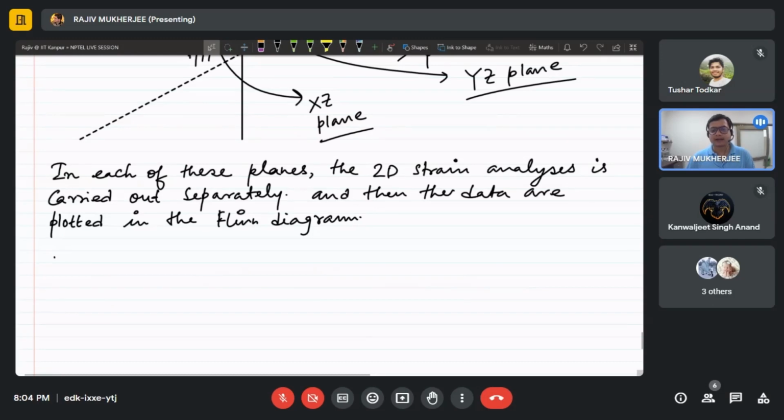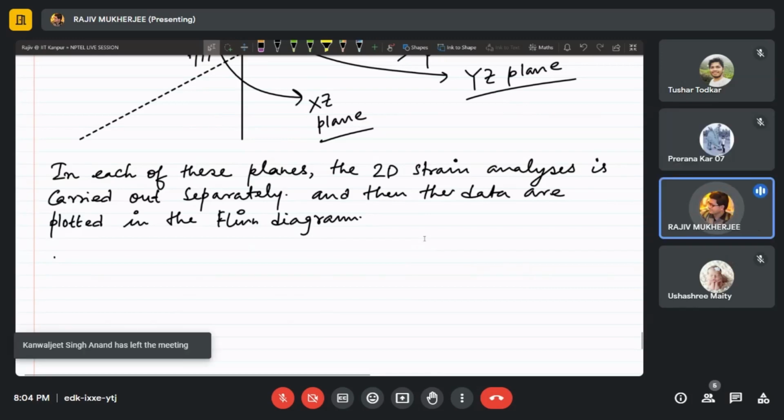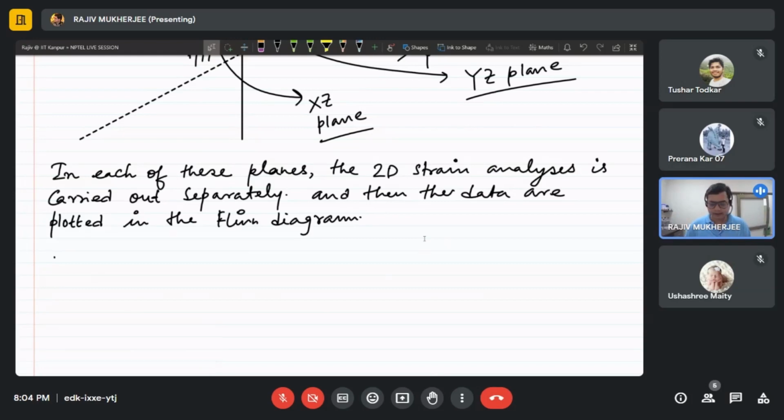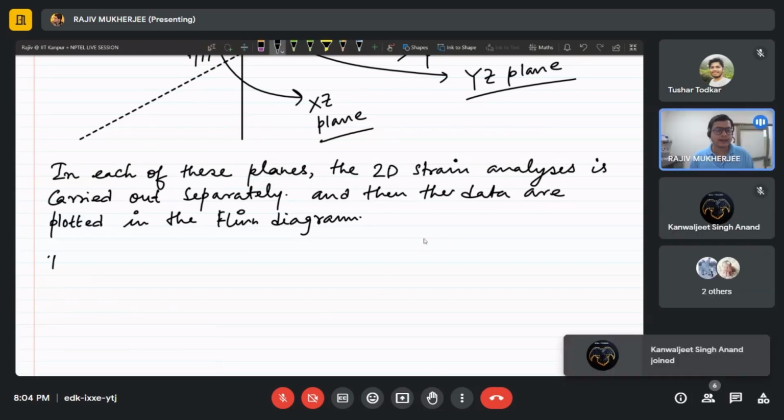Two aspect ratios in different planes. So how is it classified? So in 3D the aspect ratios are measured in two categories.